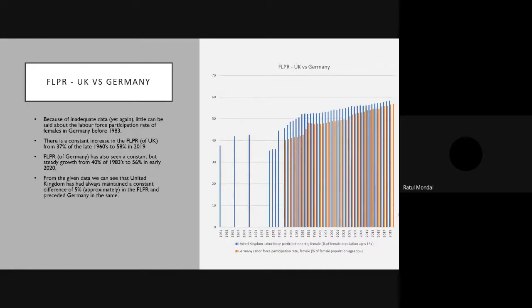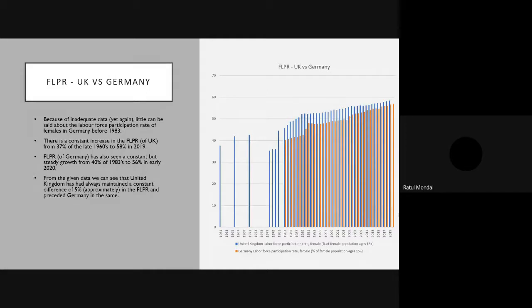Now, if we are to look at FLPR of UK versus Germany, yet again, little can be said about the labor force participation rate of females in Germany before 1983. The FLPR of UK has increased constantly from 37% to 58% in 2019.